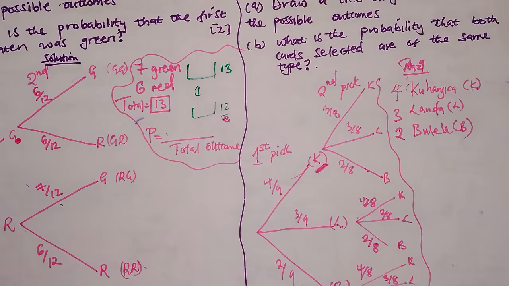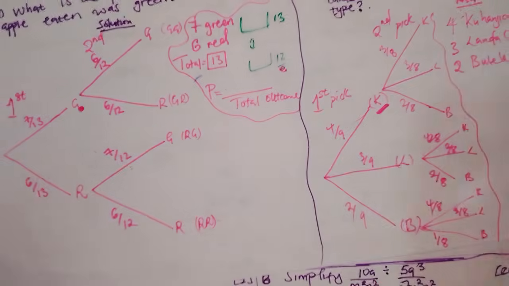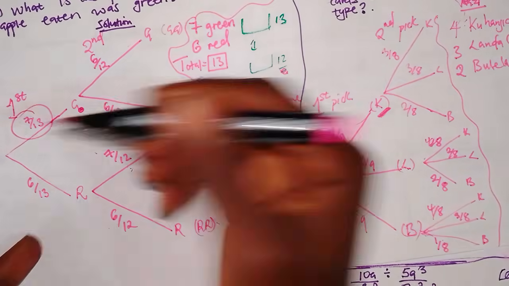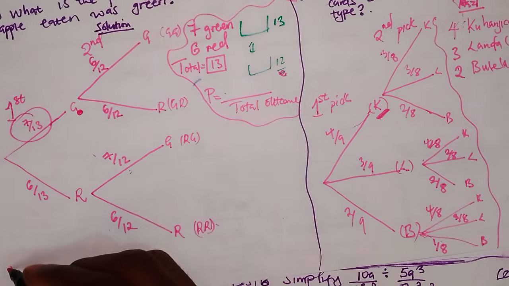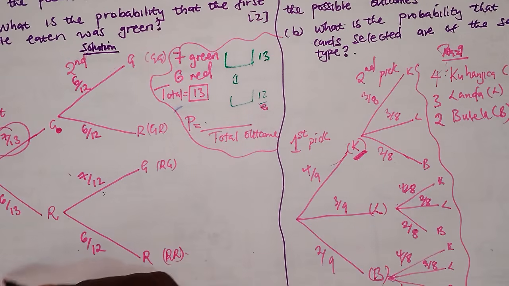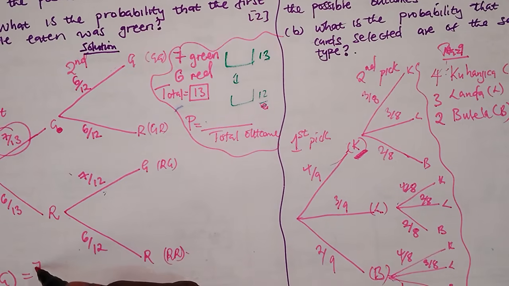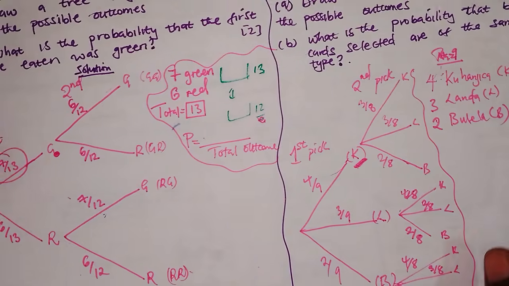They are asking you, what is the probability? So this question is simple, just pick this one, because this is the probability of eating the first apple. So it just says the probability of eating the first apple being green is 7/13. That's all. No need of struggling with this and this, no.